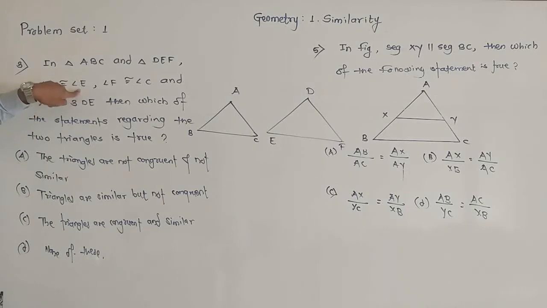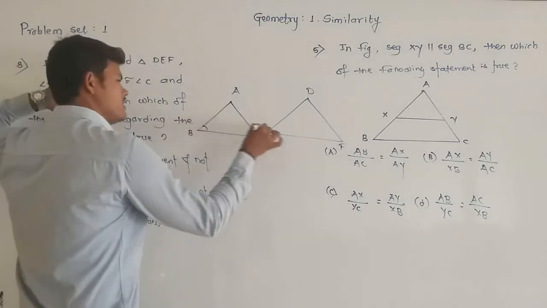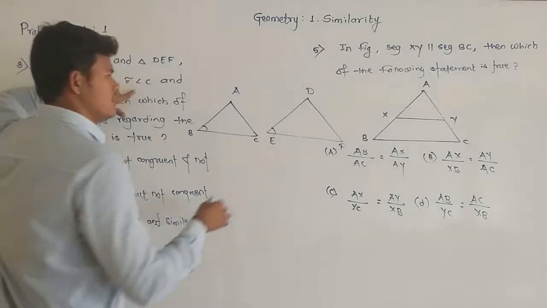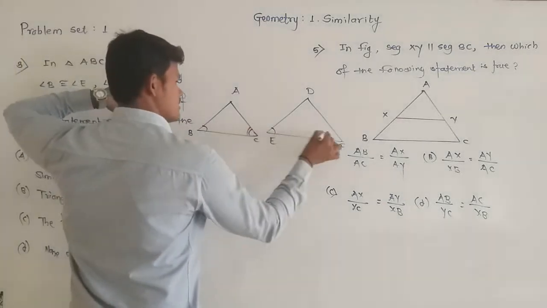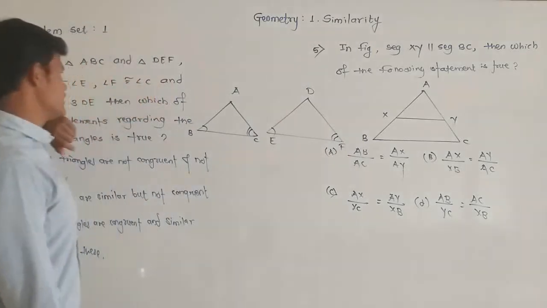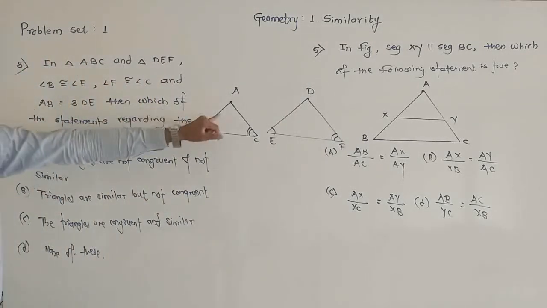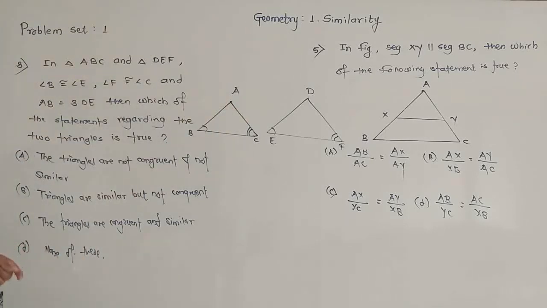Angle B is congruent to angle E, as well as angle F is congruent to angle C, and the length of segment AB is 3 times the length of segment DE. Then which of the following statements regarding the two triangles is true?